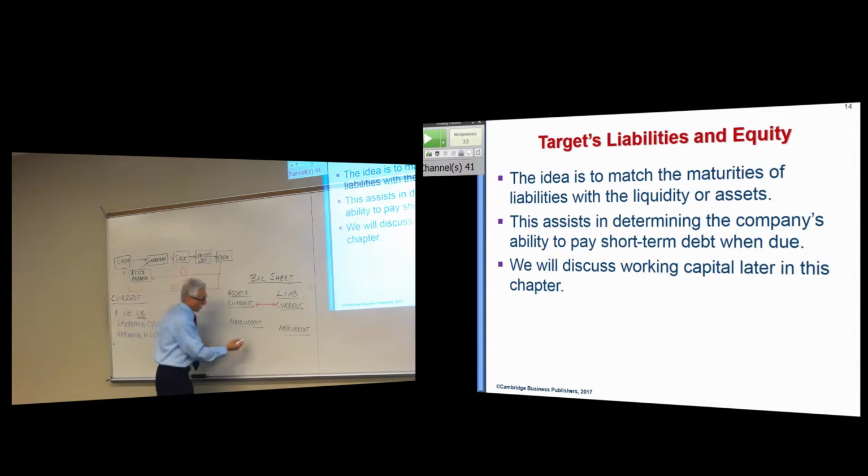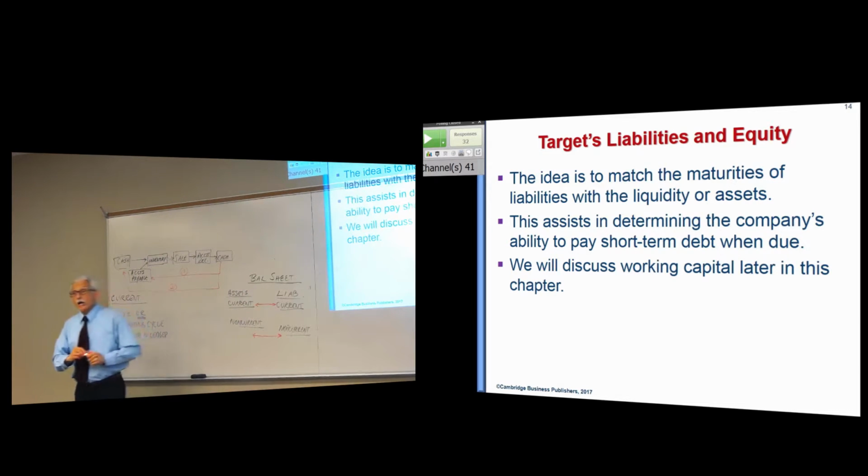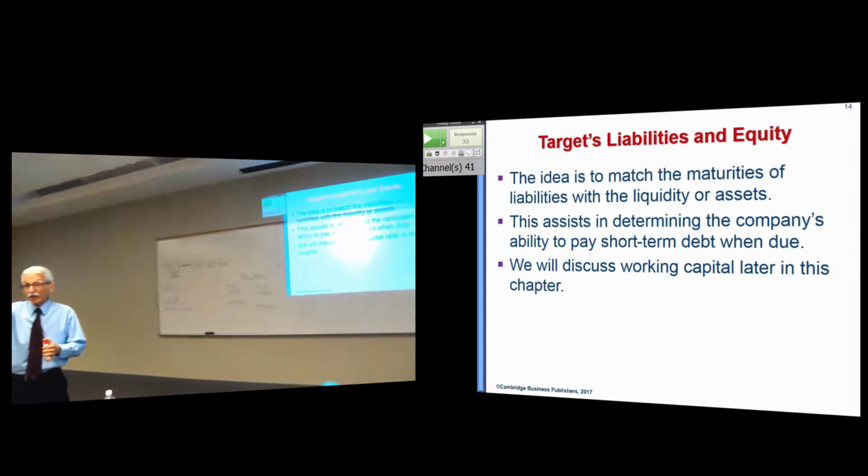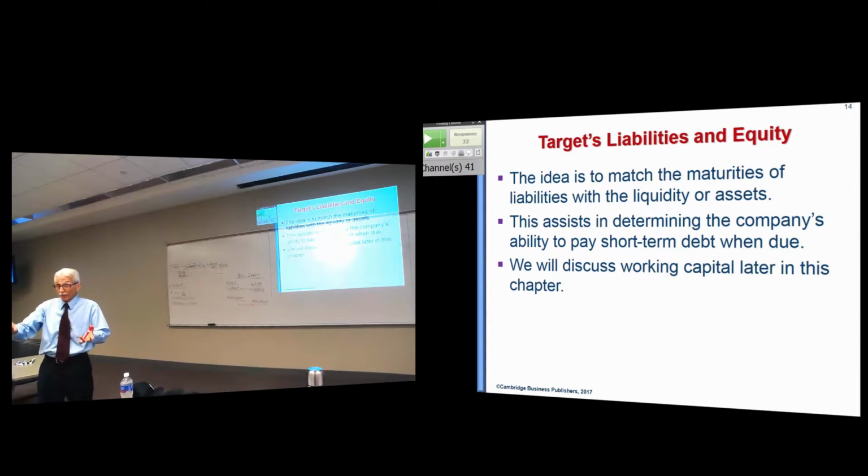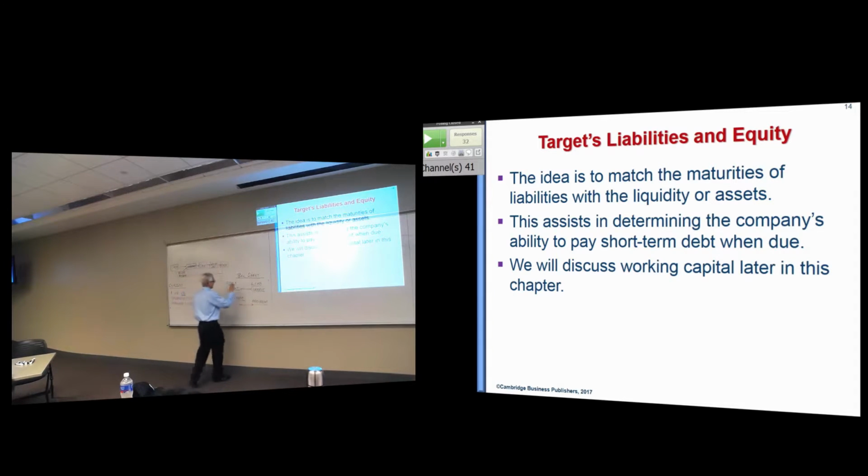My non-current assets would be considered a source once they become current. Once those become current, they'll be available to pay off maturing liabilities. So that's the idea of matching maturities.